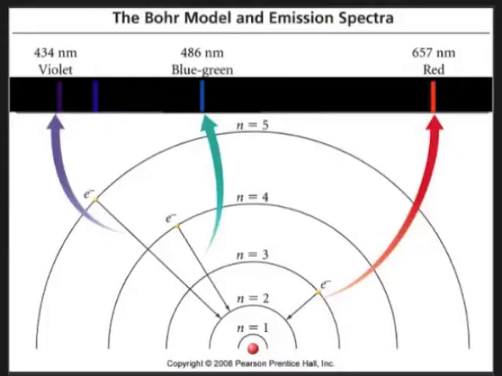Niels Bohr was a Danish physicist who came up with the first model to explain hydrogen line spectra. And while it worked well for hydrogen, it didn't account for elements beyond hydrogen. He suggested a planetary model where there were a series of concentric orbits around the nucleus that the electron could inhabit.